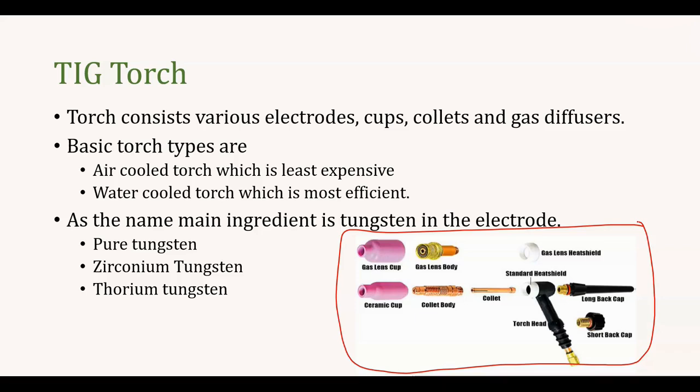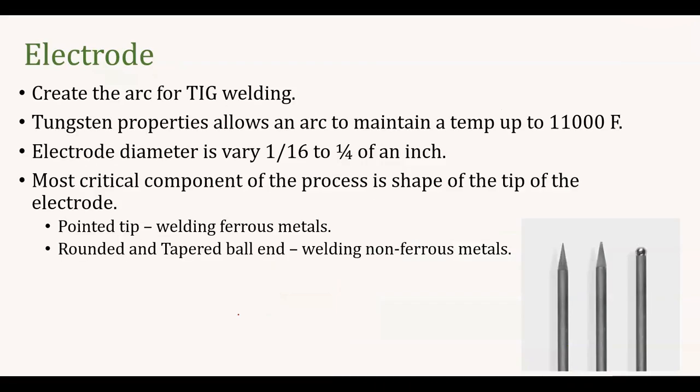The electrode is mainly made of tungsten, and some amount of ingredient is added to the tungsten to extend its life. There are generally three types of tungsten electrode: one is pure tungsten, another is zirconia reinforced tungsten, and the third is thorium reinforced tungsten.